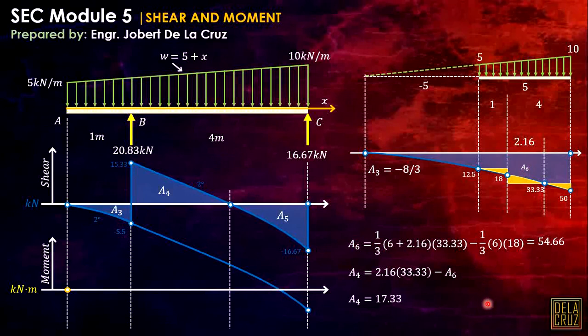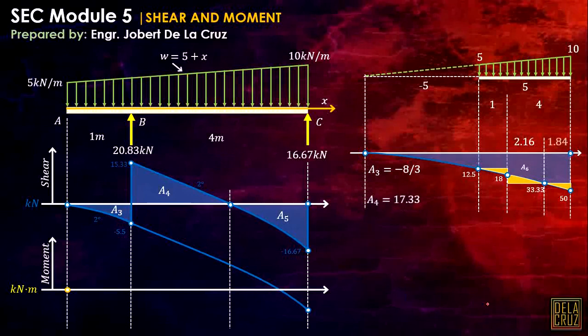Medyo mahirap na, pero ganito talaga siya. Now, take note that the value of this distance here is 4 minus 2.16, or that is 1.84. So how can we calculate this area 5? Again, the same drill: the whole spandrel minus the spandrel here, and minus this rectangle.